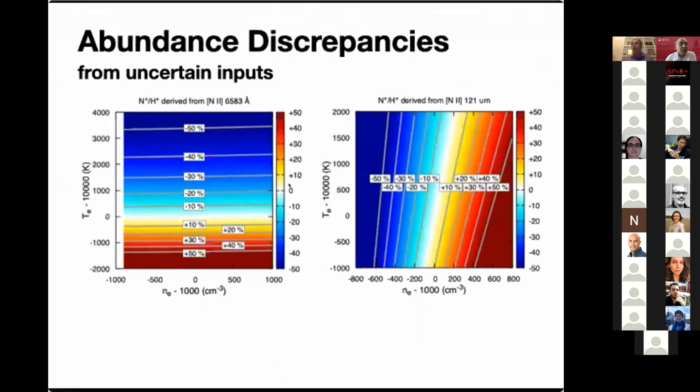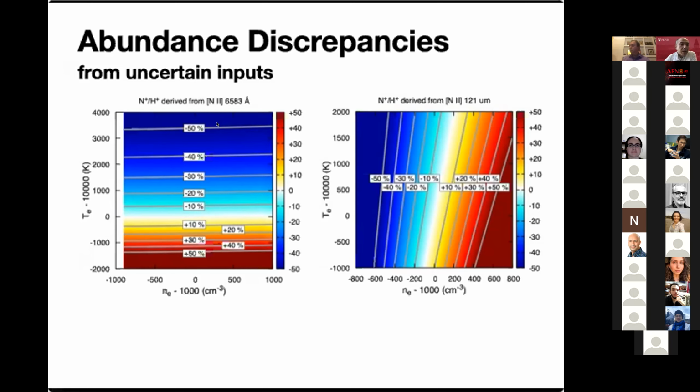These plots show how much abundance discrepancy you will get if your temperature and density are off, depending on how far off they are.